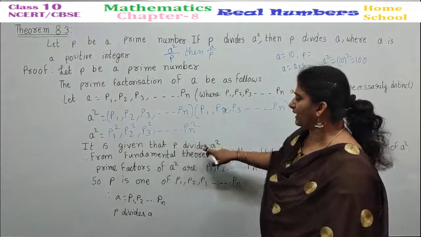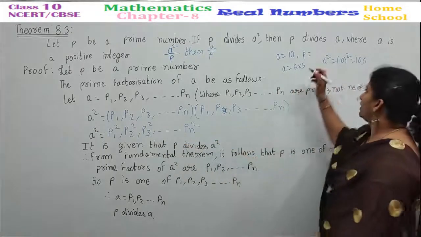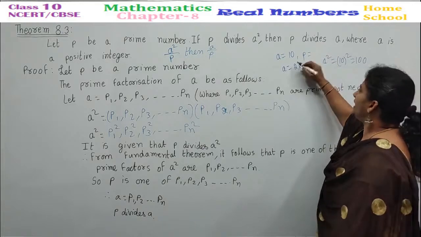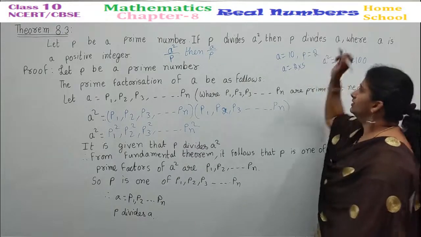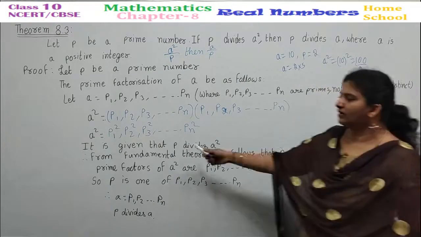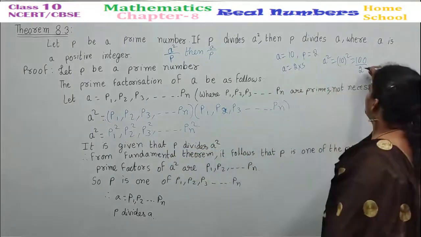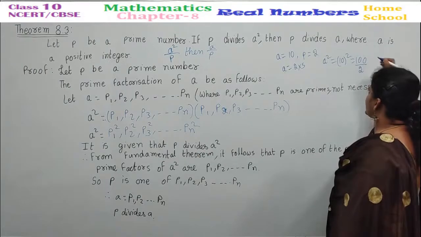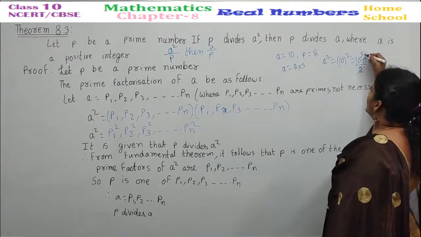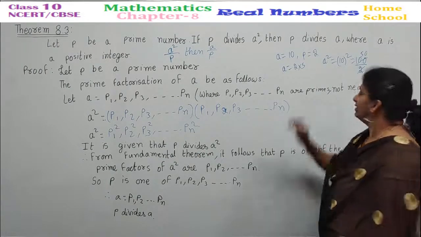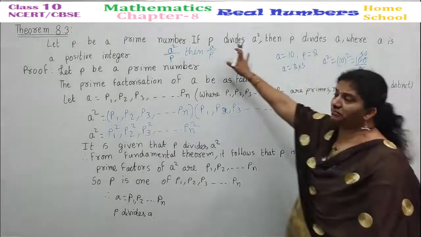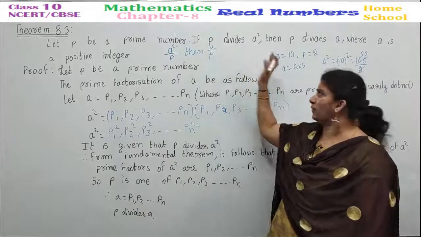What is the given statement? Given that P divides A square. What is P? Let me take any one prime number. Let me take 2. It is given that P divides A square. Is it dividing? Yes, it is dividing. That means they have given a statement, P divides A square.